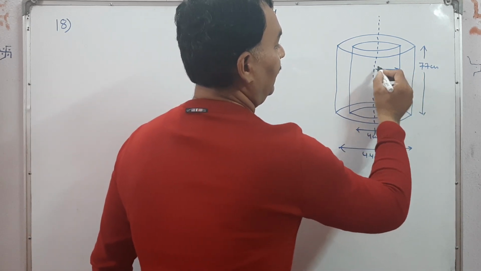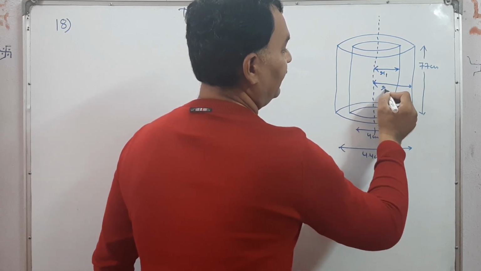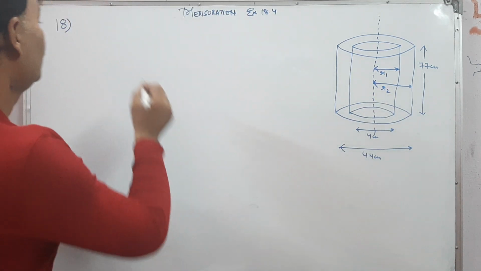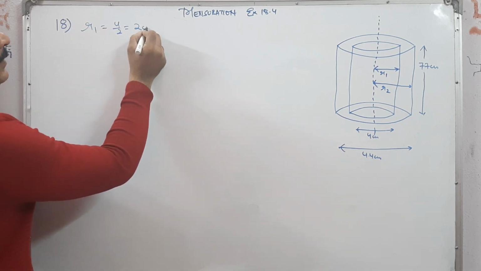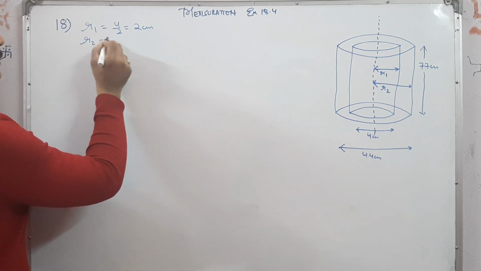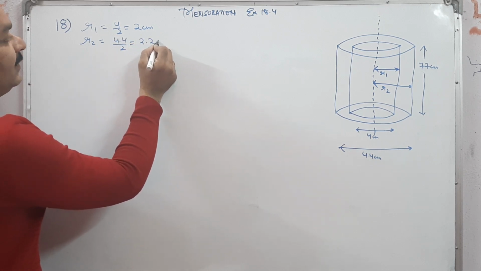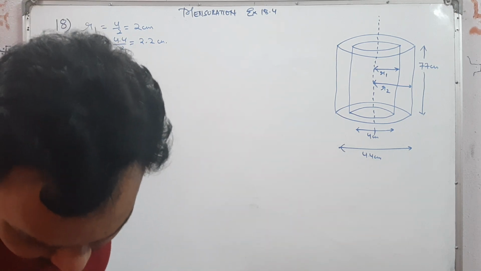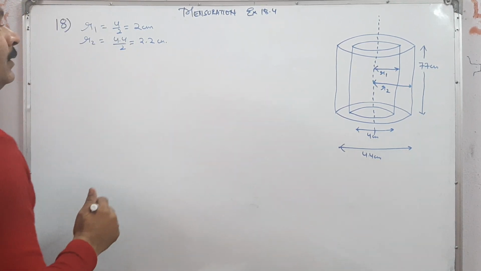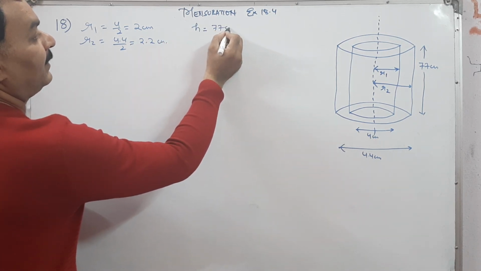Let the inner radius be R1 and the outer radius be R2. The inner radius is 4 by 2, that is 2 centimeter. The outer radius is 4.4 by 2, that is 2.2 centimeter. Now the height is given as 77 centimeter.